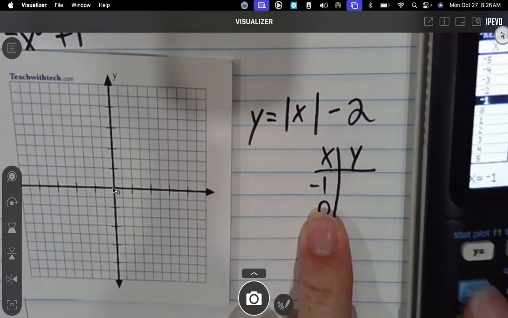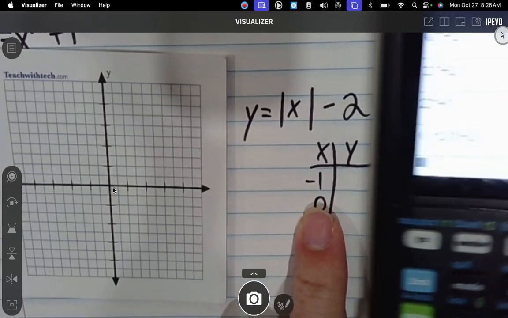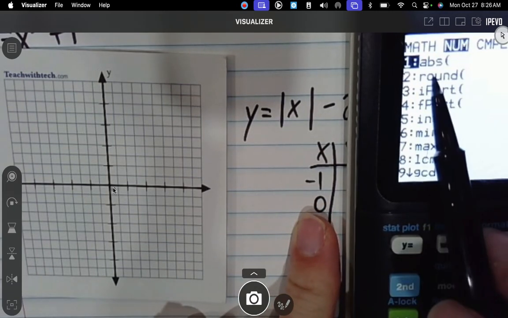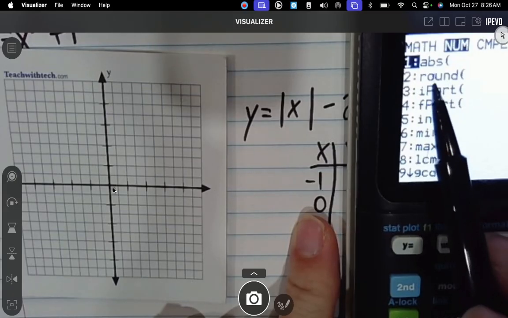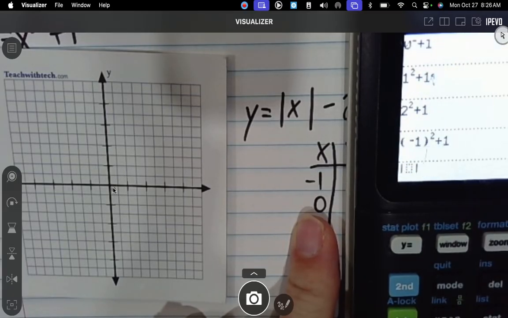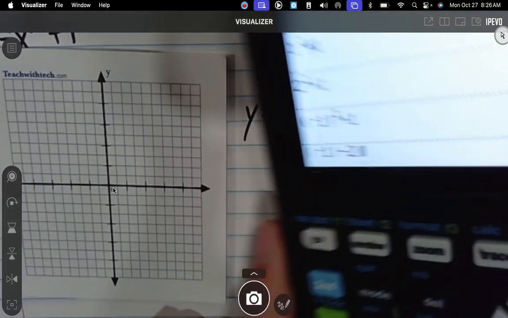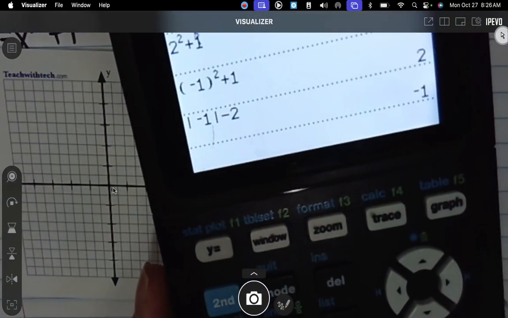So you can do this on your calculator. Watch, if you press the math button and you go over 1, what's this word right here? Abs, for absolute value. And then I would just type in negative 1. Now go outside of the absolute value and press minus 2. And guess what it gives you for your answer? Negative 1.